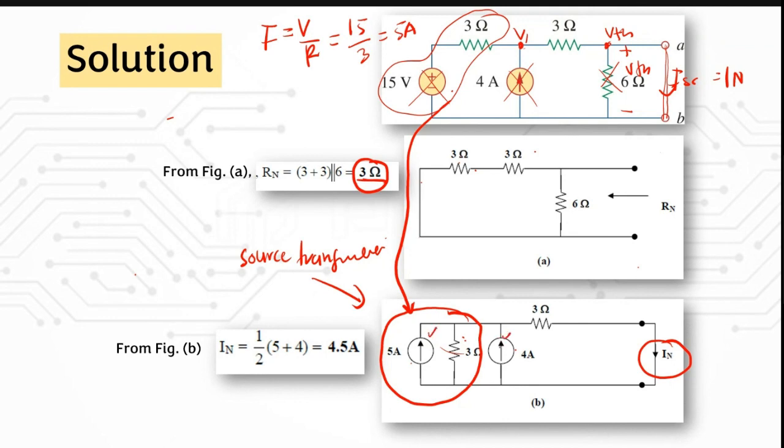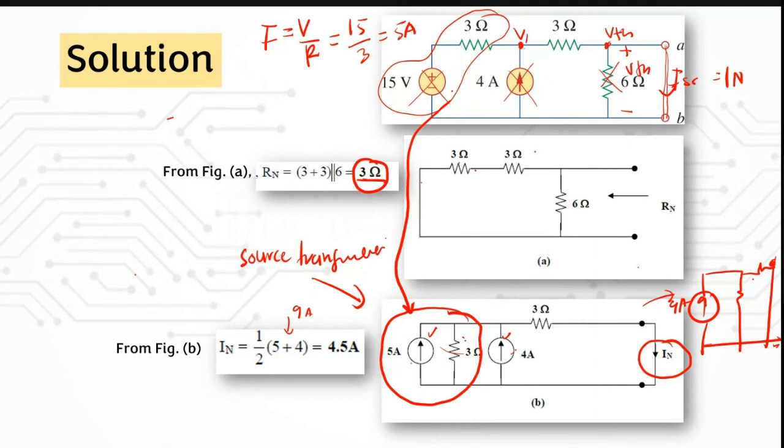So you can combine this current where you have 4 plus 5 plus 4, this is 9 ampere. And then when I draw the circuit again, you will have this 9 ampere and this circuit with the terminal.